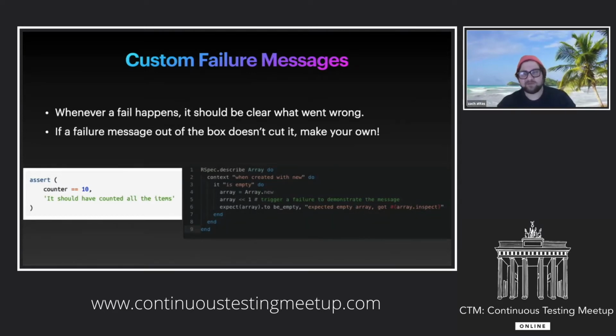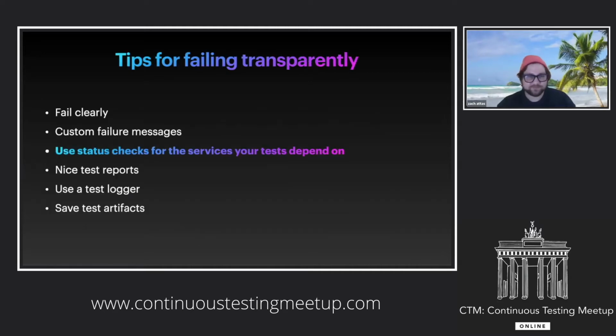I also have introduced my own custom assertions, so that I can have custom failure messages, things like that. We just want people to know at a glance what went wrong. We don't want to send them down a rabbit hole looking for the problem. So those are those two topics.